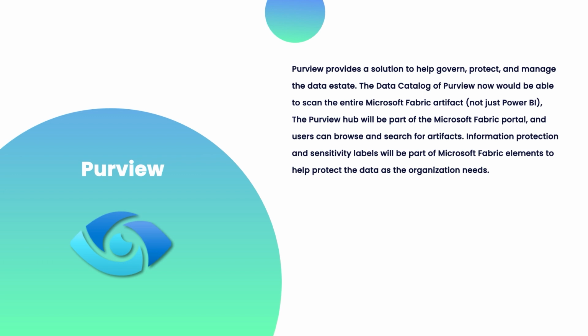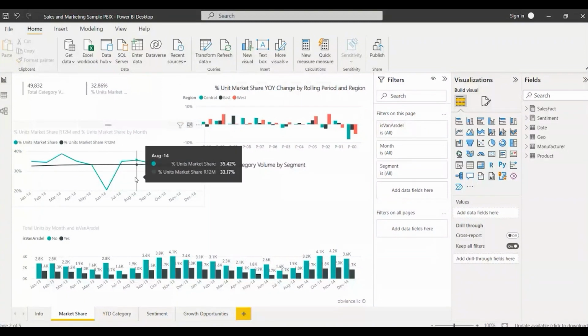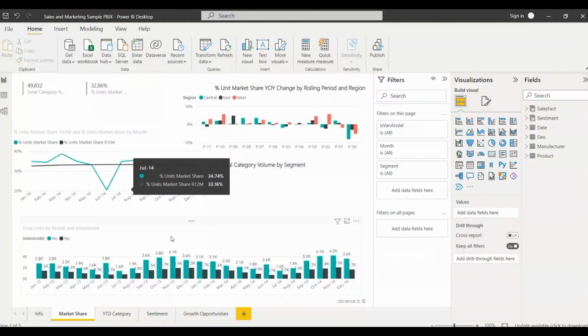This dashboard primarily focuses on sales and marketing. This is the complete sales and marketing aspect: total categories by volume, percent of unit market share. This chart gives you the central, east, and west region year-over-year trend and rolling period, whereas this one gives you each individual month's unit market share and how it flows, whether it is in an upward or downward trend.